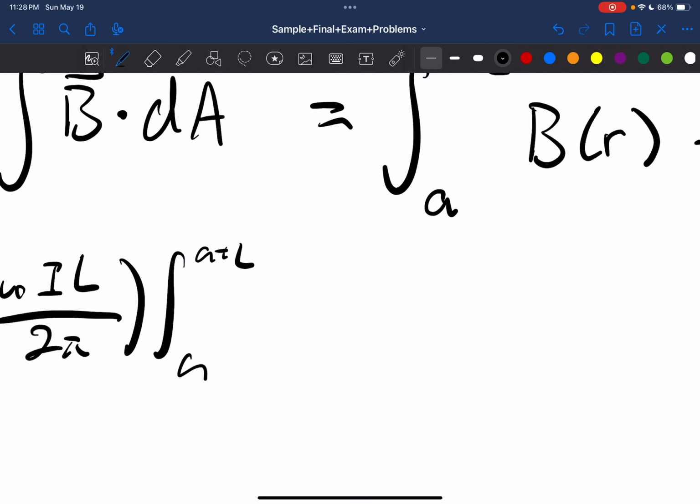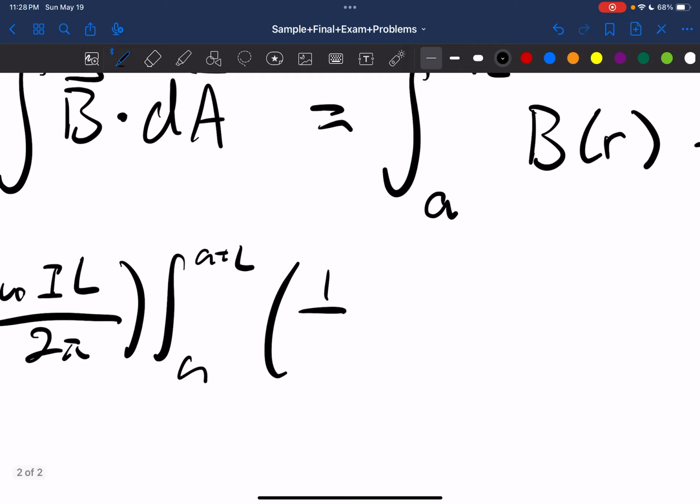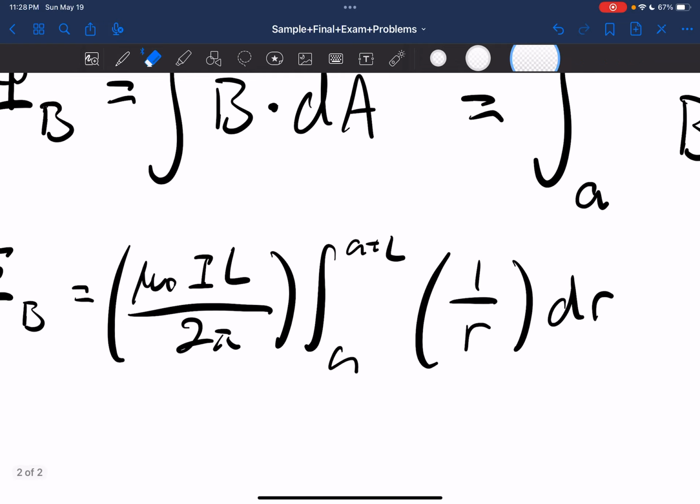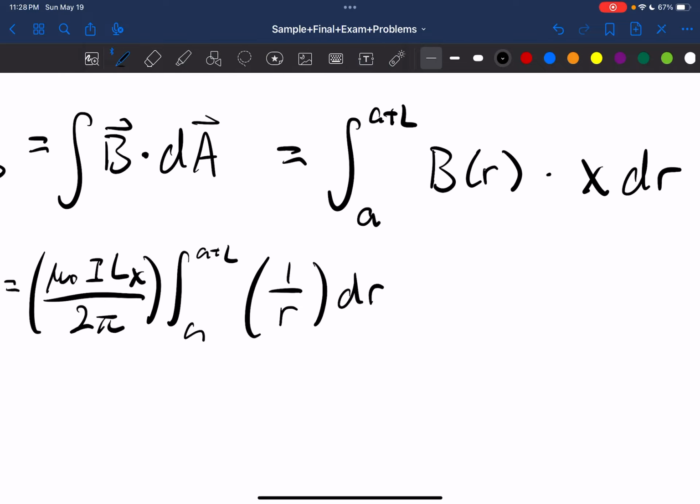So that's going to equal 1 over r dr. Oh my goodness, I forgot the x. 2 pi x. All right.